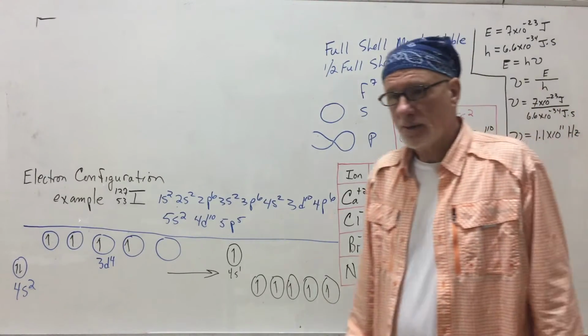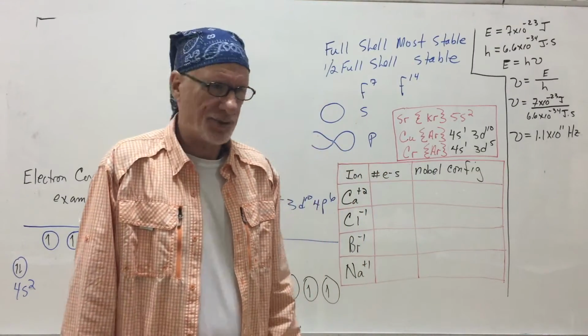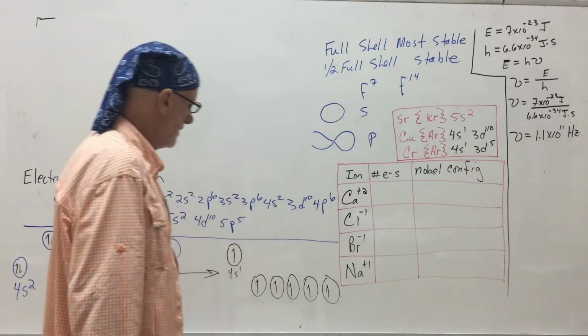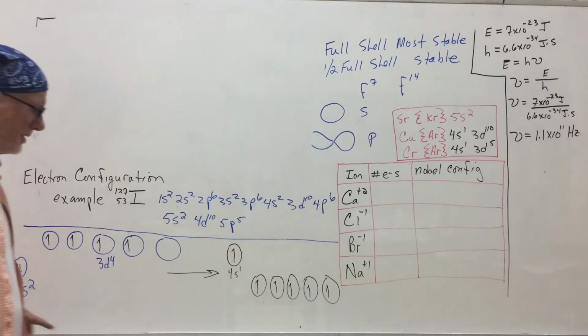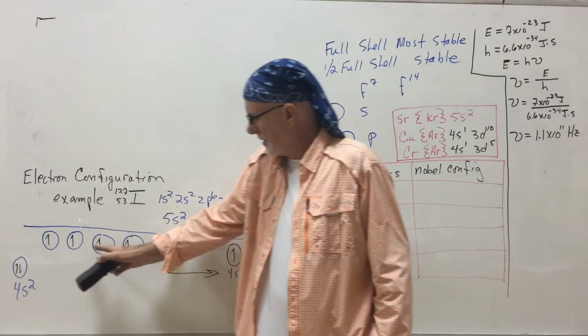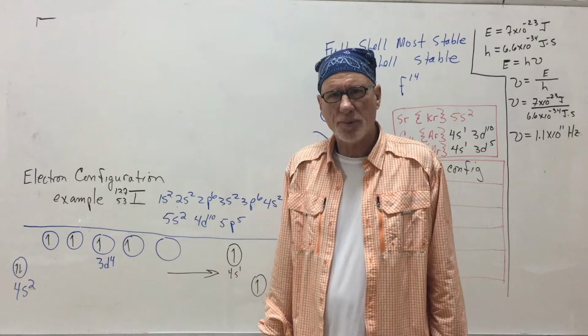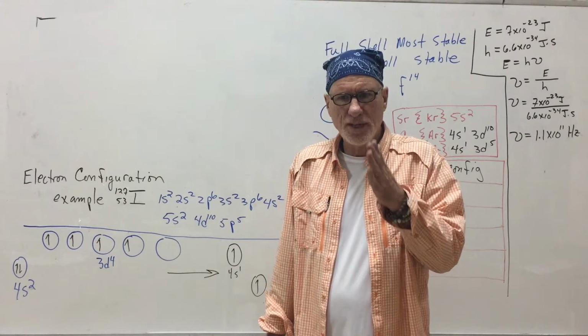I don't understand. Well, they're exceptions, but really not exceptions. And the reason is down here. Here is chromium. 4s2, and then 3d4. That's what you would think. Chromium, it's in the fourth d over.